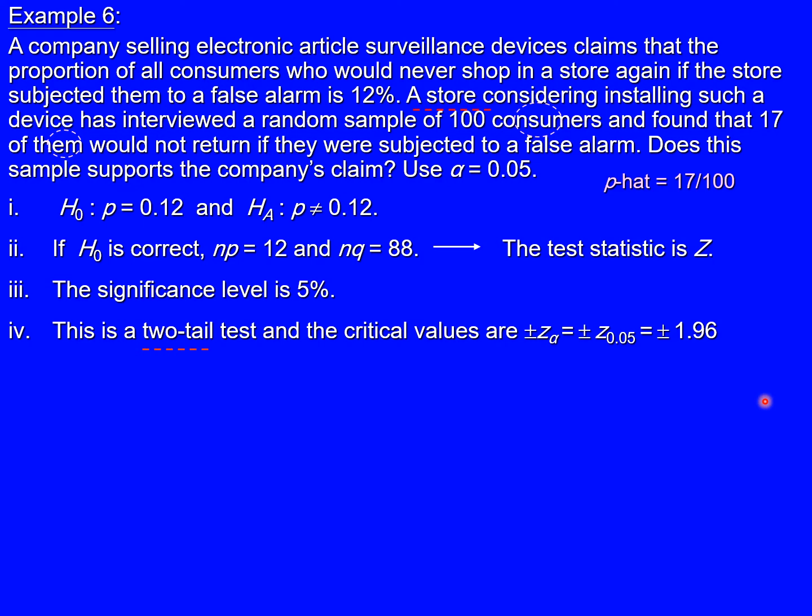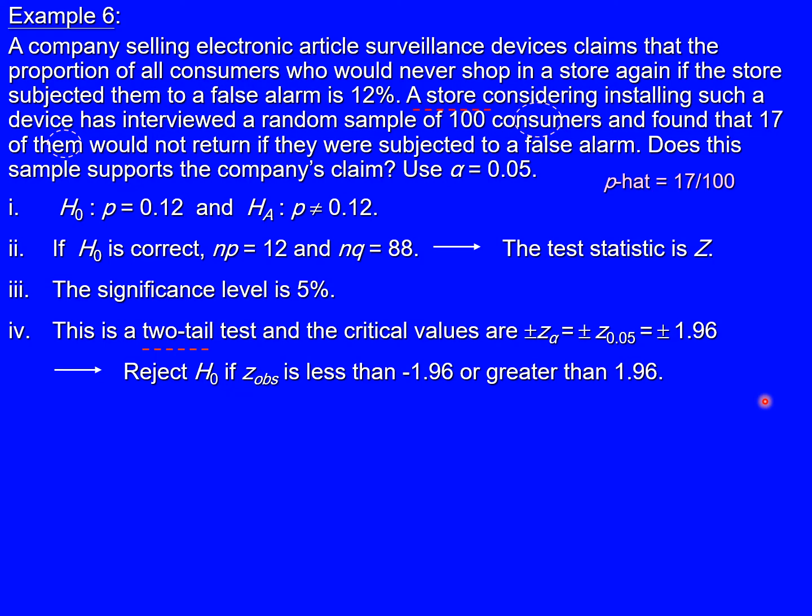We have alpha of 5%, we divide it by 2 and find z half alpha from the table, like we have found it in other examples before. It was plus or minus 1.96. So that's the value of z half alpha.